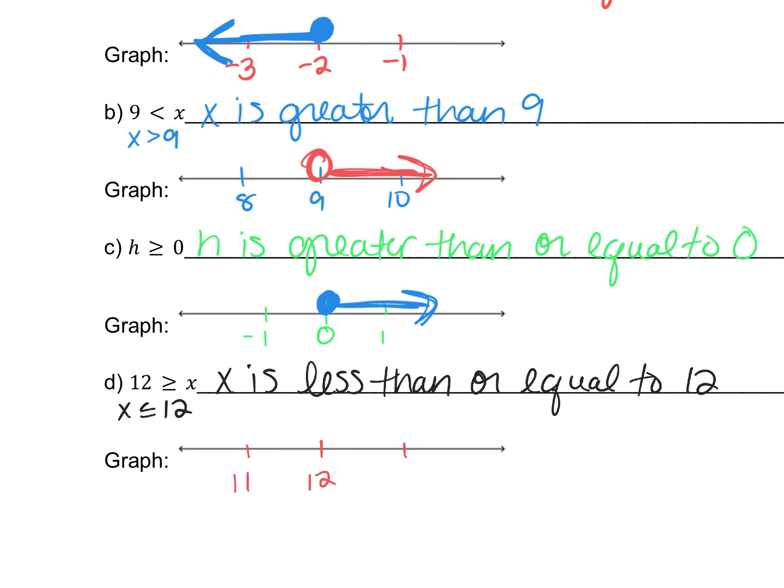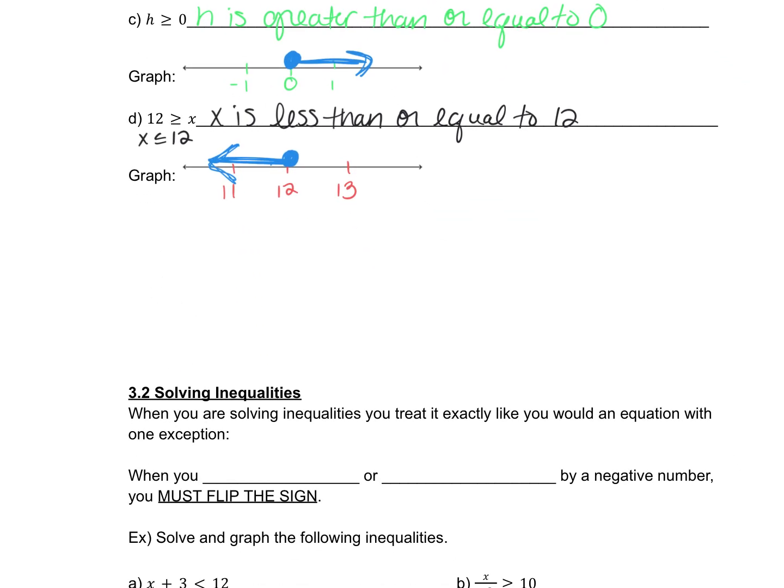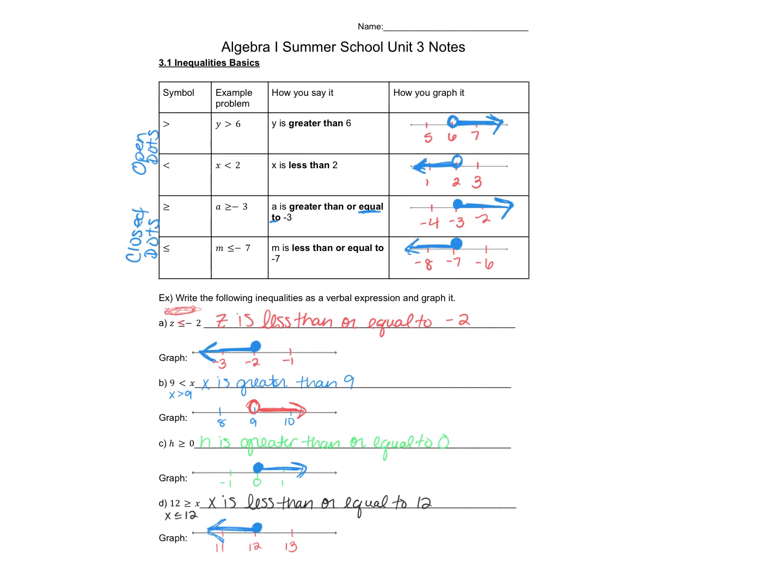Then we've got 11 and 13. What does less than or equal to have? That would be a closed dot. And less than, if you're going less than 12, you'll be going to the numbers this way. All right, that was it for Inequalities Basics.